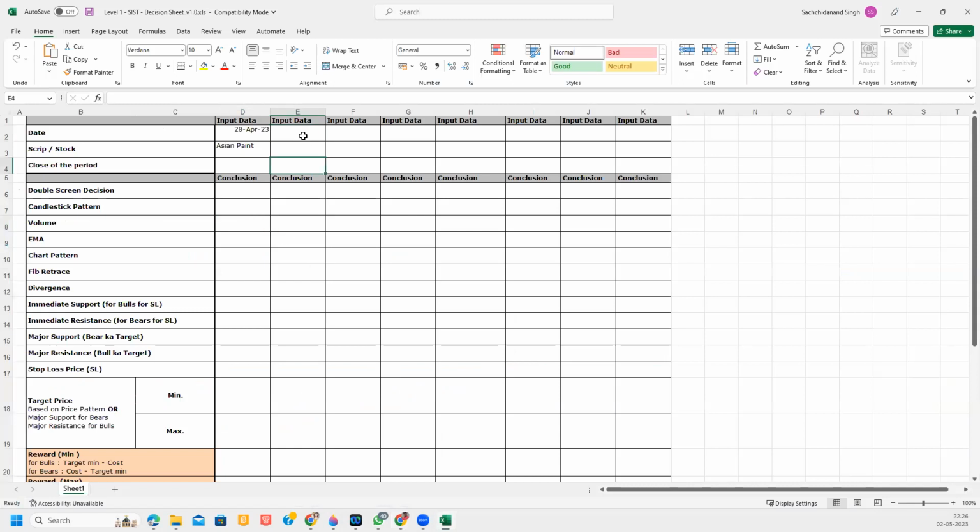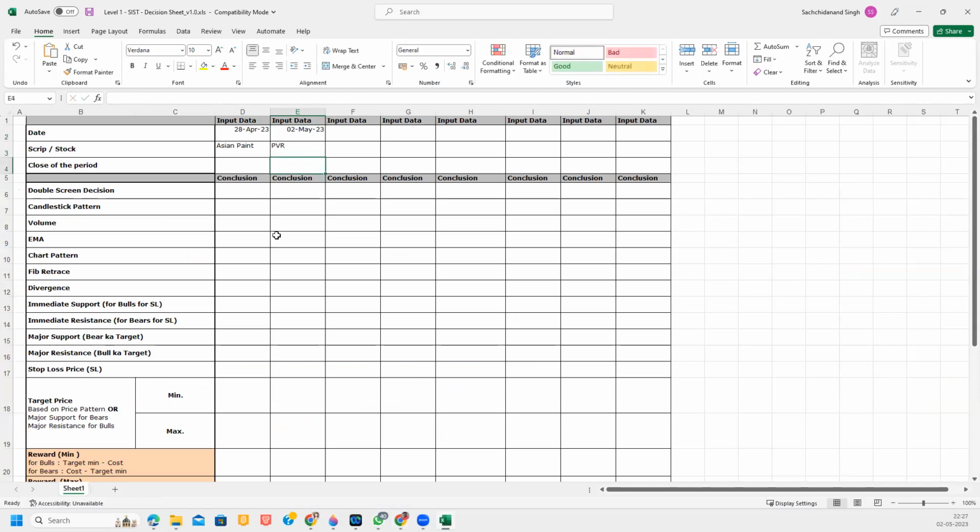Okay, so what was that? Maybe today's date, for example, 02/05/2023, and the stock is PVR Cinemas.